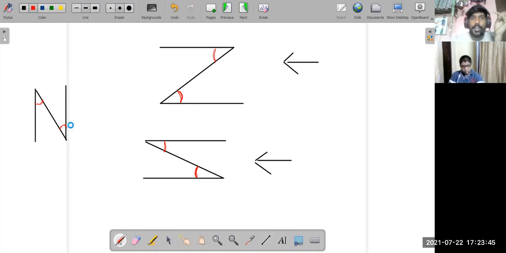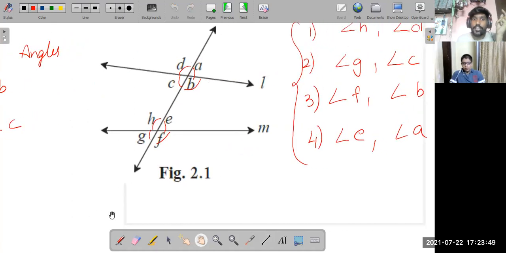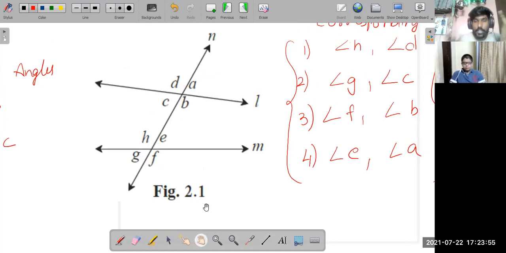Now coming back to this figure, let's understand what is alternate interior and alternate exterior. Before that, let's see where the alternate angles are. I'll show it with green color, I'll just draw the letter Z. I hope you can see it.